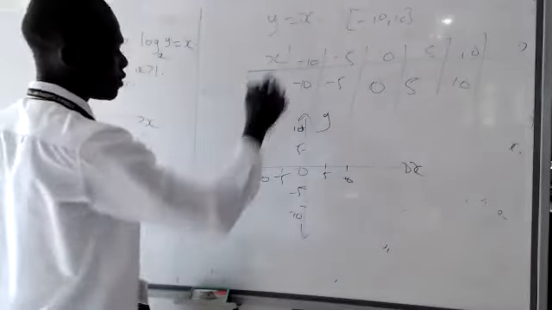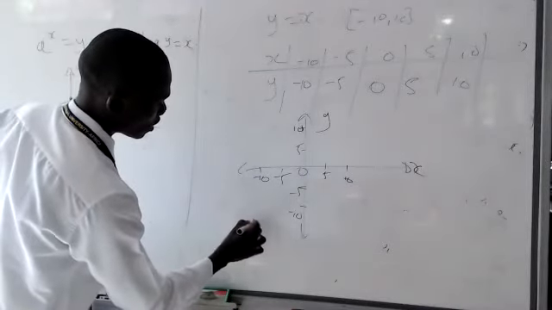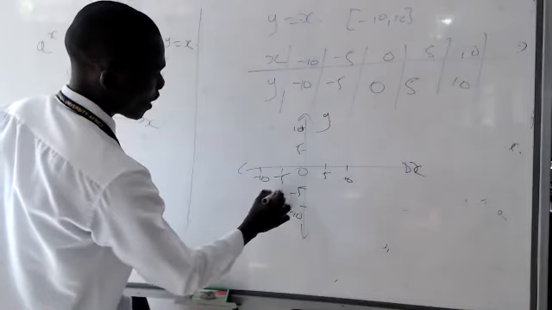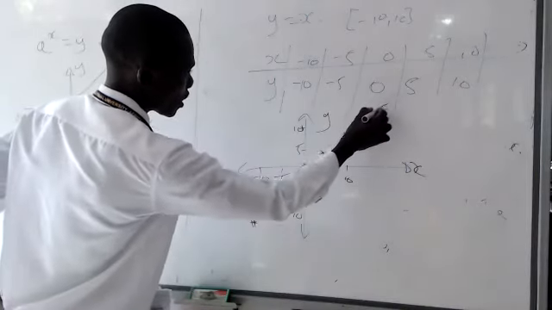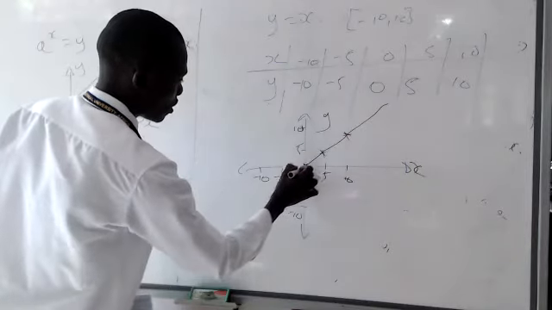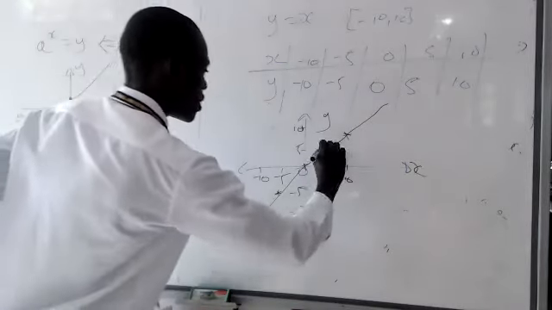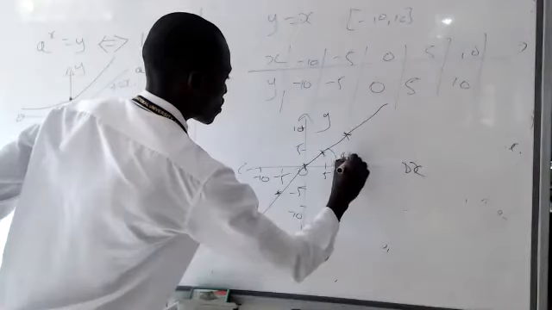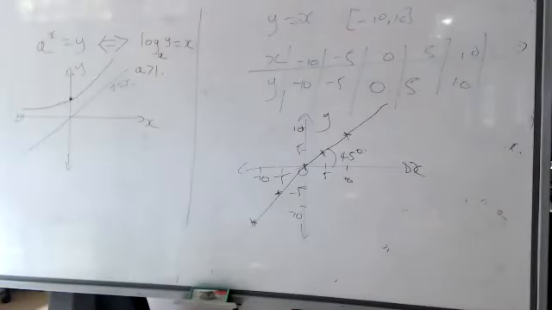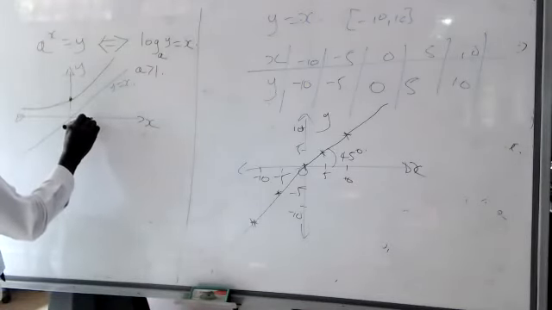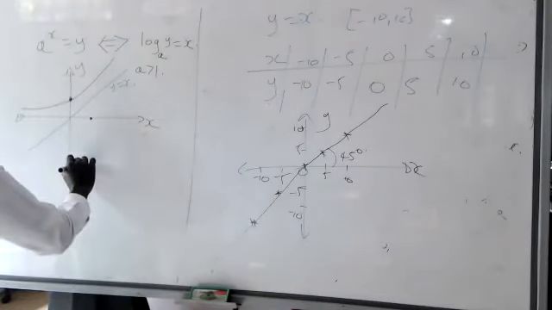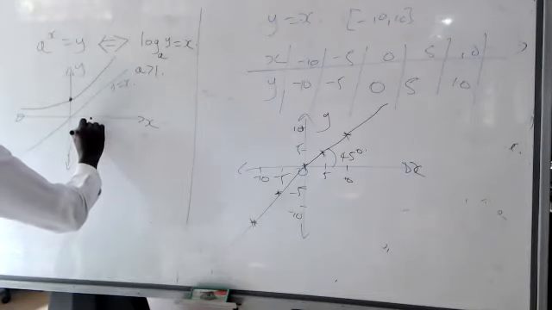At -10, -10, so that's somewhere down here. -5, -5, 0, 0, 5, 5, 10, 10. So this is a line which is passing through the origin. If you measure this, you actually find this is 45 degrees. So when we do a reflection, this point will go there, and this is how the graph looks like.